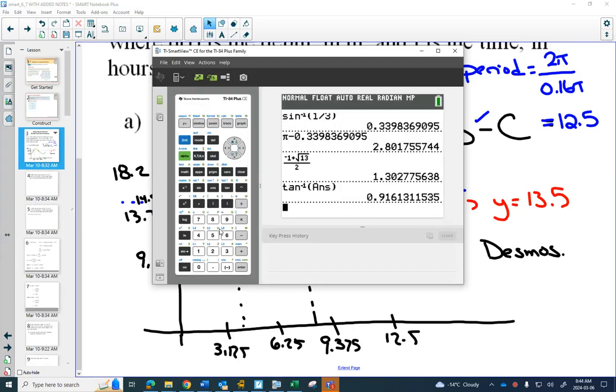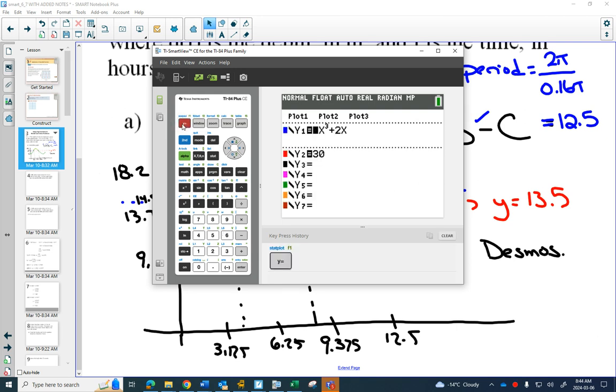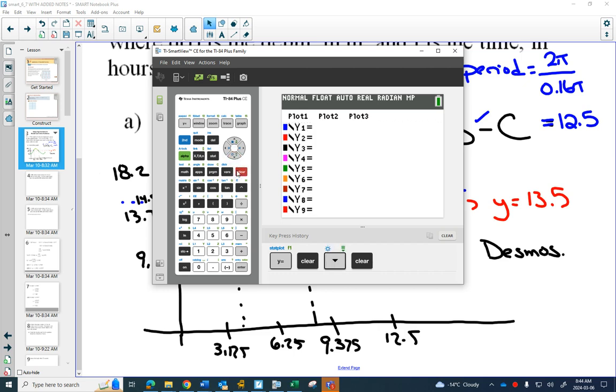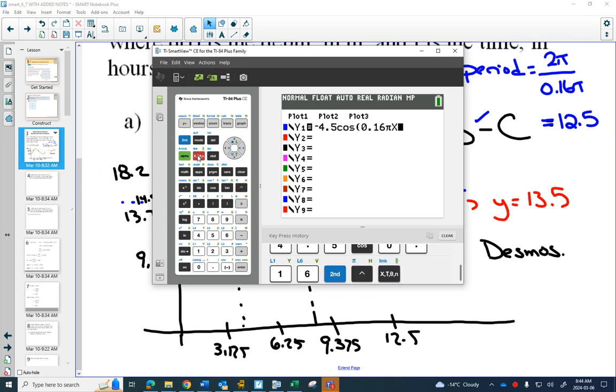And so on your graphing calculator, in the top left-hand corner, you have y equals. This lets you type in things into your graph. So I'm going to clear out what I have in here, and I'm going to start by typing in negative 4.5 cos 0.16 pi, and then I have to use the variable x, which is right there beside your alpha button.